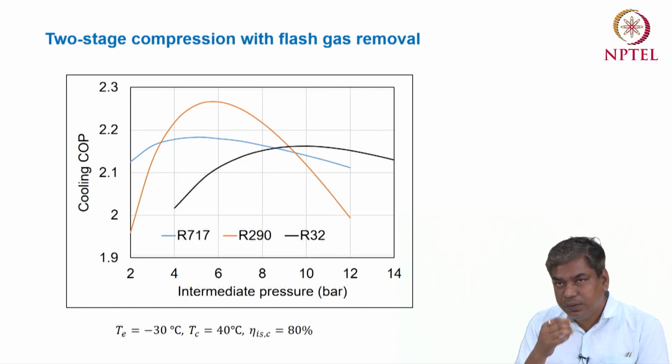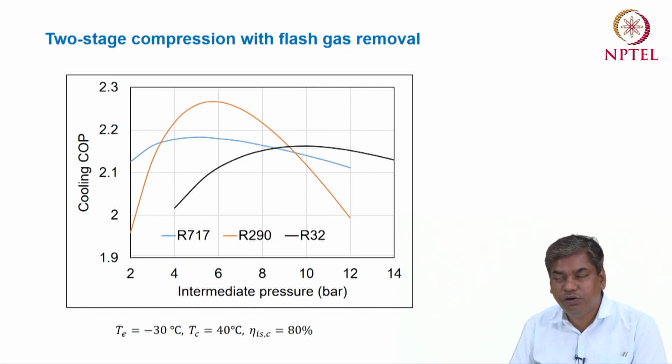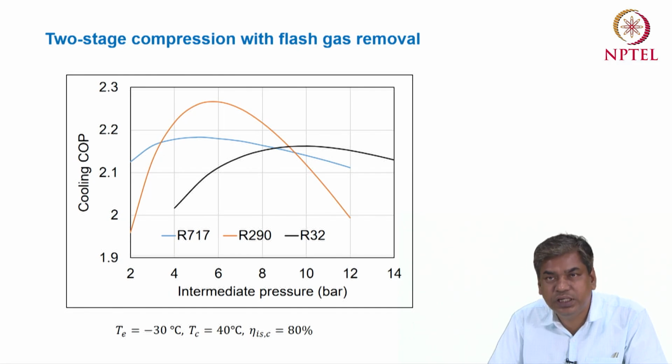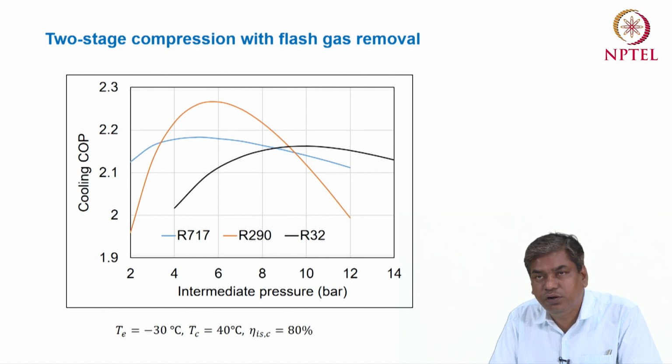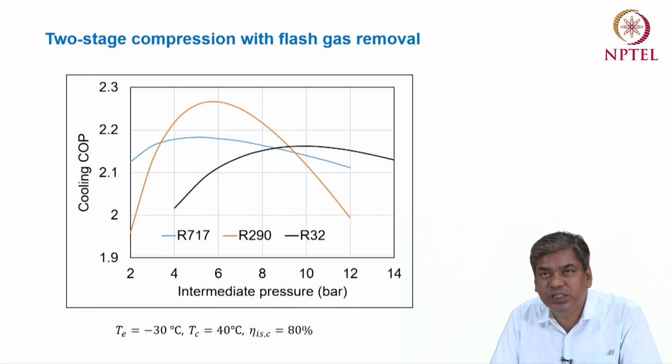I have used three refrigerants, and for the different refrigerants that variation range is not the same, because I have taken the same evaporator temperature and same condenser temperature, but the saturation pressures are different. So the pressure ranges are not the same for the different refrigerants.